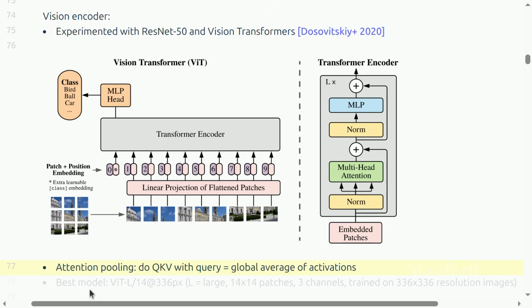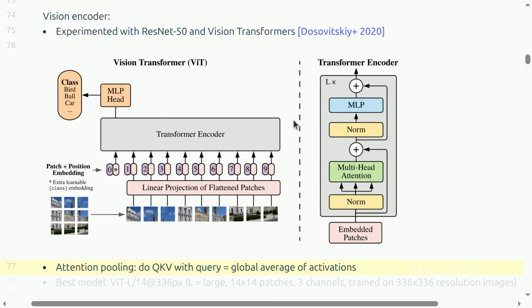But they saw it was better to do attention pooling, which means that you take the global average of all the activations, but then you also do another round of attention with that query against the keys and values of each position. That gives you another vector, which is a little bit more informed than just a straight-up average. Okay, so that's the ViT.